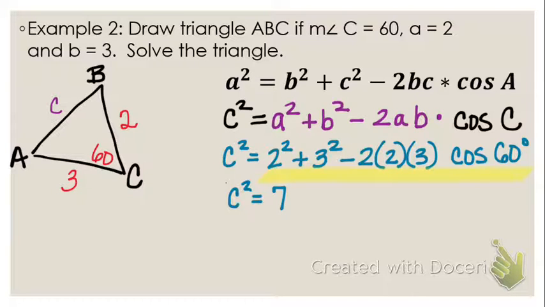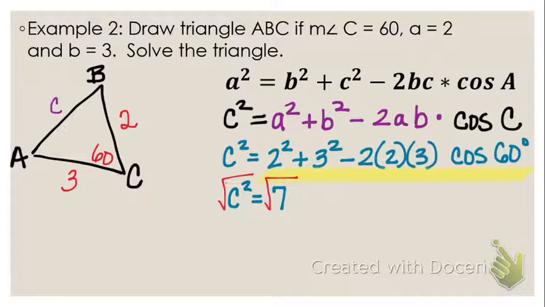And if you type it in correctly, you should get 7. C squared equals 7. So now to find C, we need to take the square root of 7. If you're using one of the yellow calculators, it's just going to say the square root of 7.